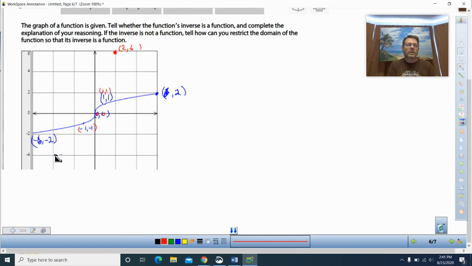It's going to be -2, -6, which is going to be right about there. Okay? So that would be this guy, right? Let's go through 1, 1, 0, -1, slide on down here to this point. So that is the inverse for that guy, and you should be able to answer the questions from there. Okay?